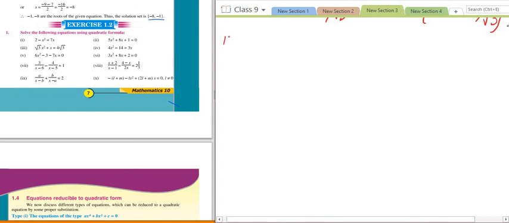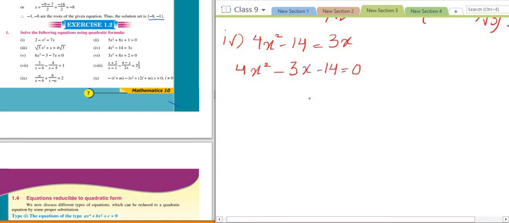Okay, fourth is 4x square minus 14 equals 3x. 4x square minus 3x minus 14 equals 0.